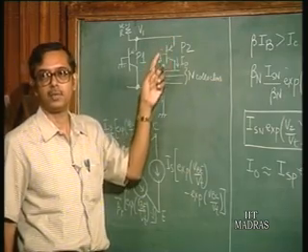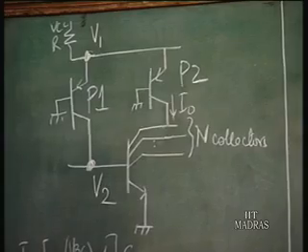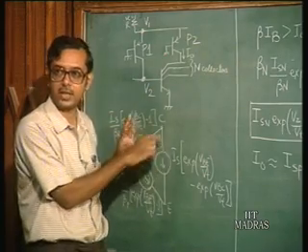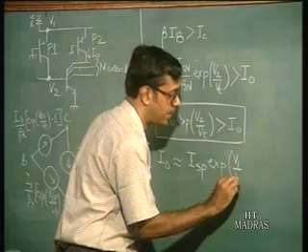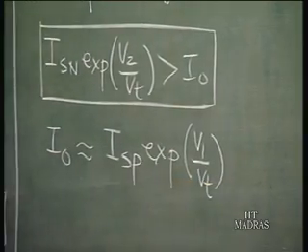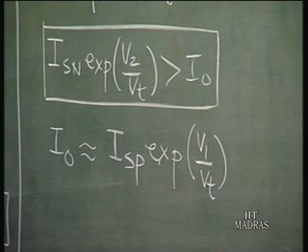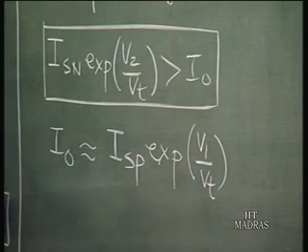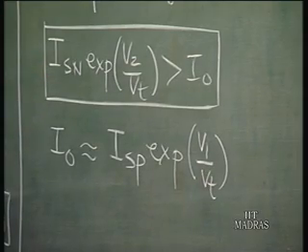Of course, VBE is minus V1, but the current directions all change. So we can write in terms of V1 by VT: I naught is ISP exponential V1 by VT. This I naught value is given by this.